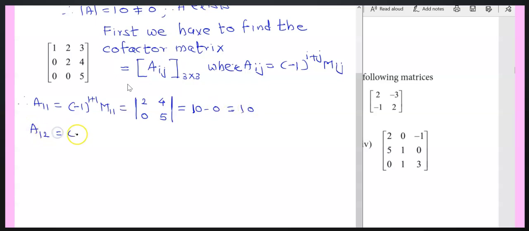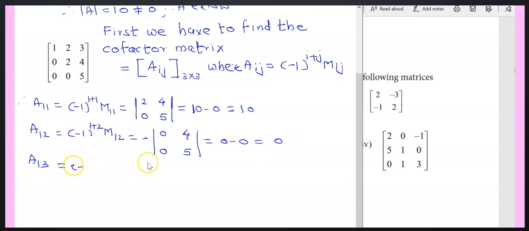Next is A12, minus 1 raised to 1 plus 2, therefore minus. You will get 0 4 0 5, it is 0. A13, that is minus 1 raised to 1 plus 3, that is 0 2 0 0, equal to 0.